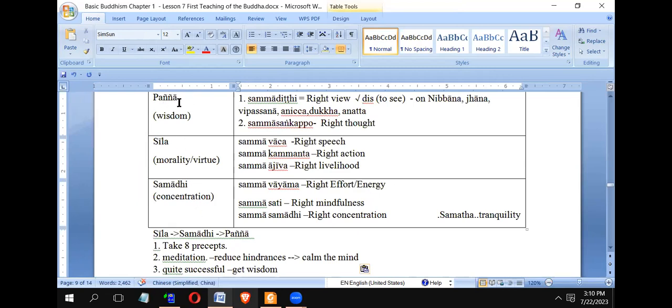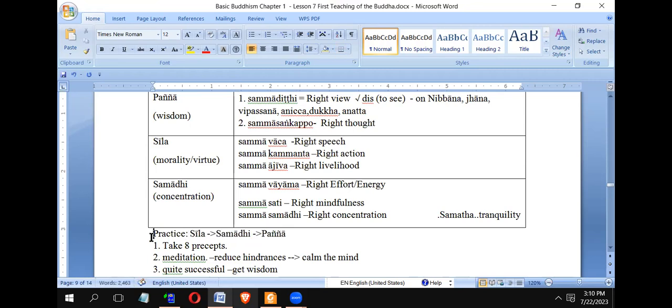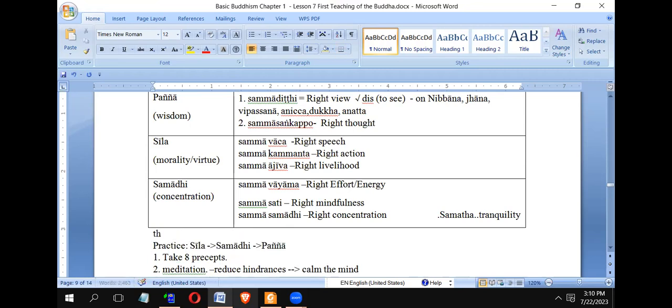But normally, when we do the practice, according to this theory, it is Panya, Sila, Samadhi. The above is theory. Theory is Panya first. So just put Panya first.